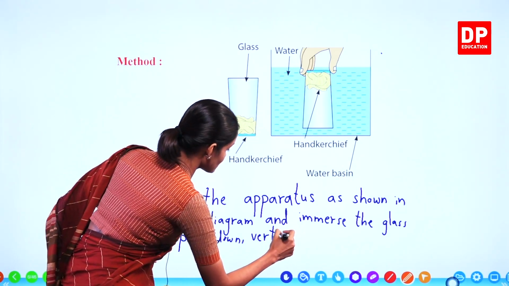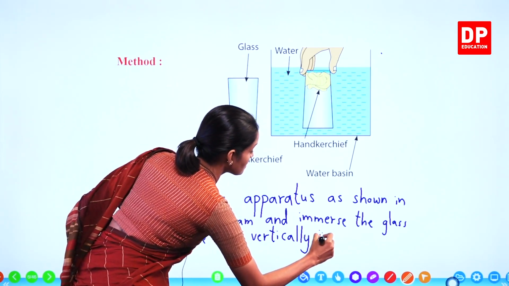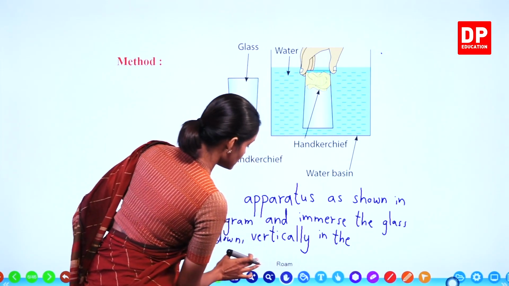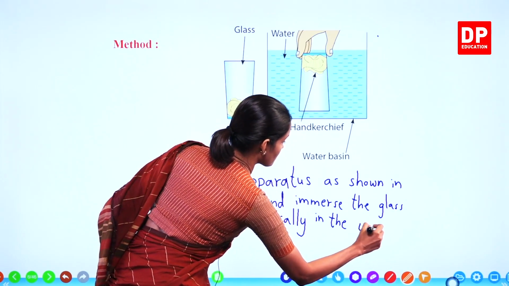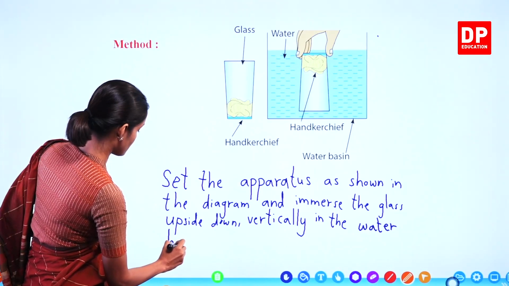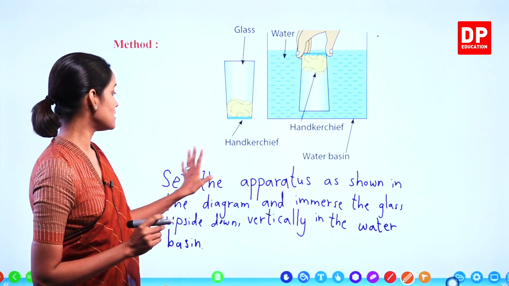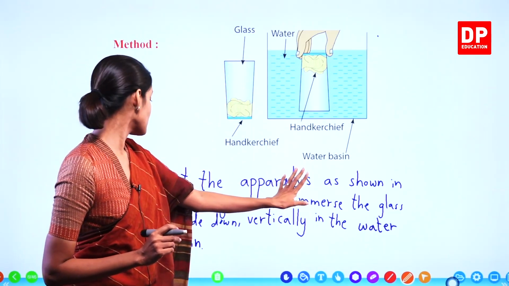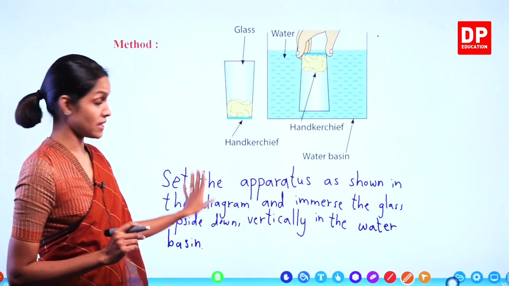You should not tilt this. Vertically in the water basin. Right? Set the apparatus as shown in the diagram and immerse the glass upside down vertically in the water basin.